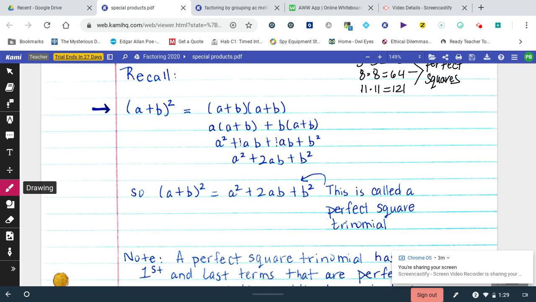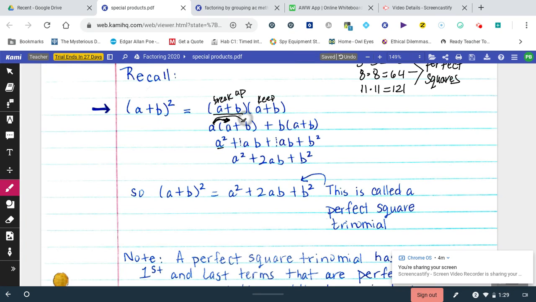Some of you may think, well, I could just use the FOIL method. I really don't care. You're going to end up with the same result. So I just took this binomial and broke it up, and I kept that one. A times a is a squared.